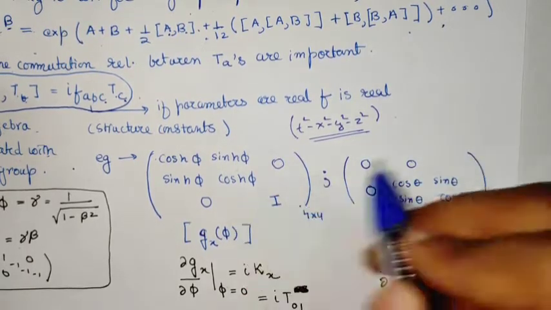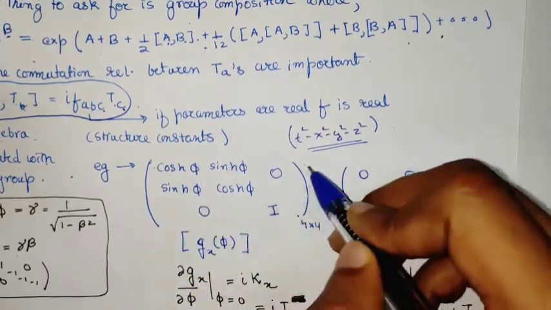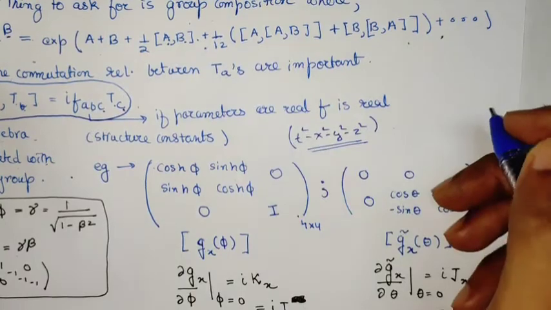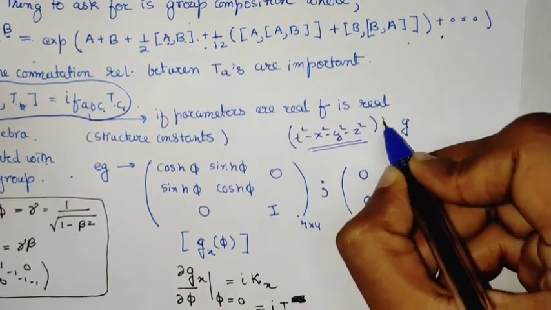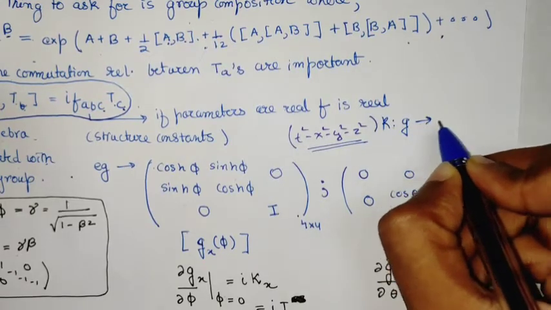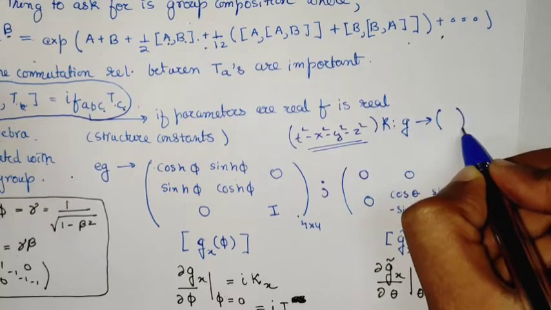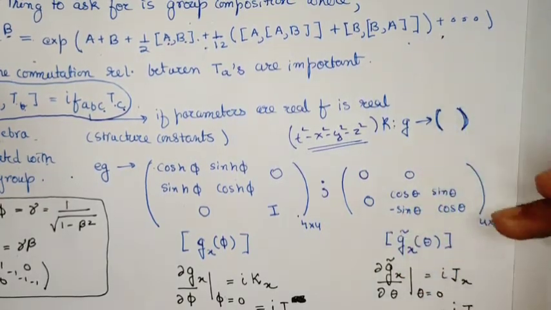Why does this matrix represent the boost? Because this is what we call a representation of the Lorentz group. This is one of the representations. In general, given a group element, a representation is a map that takes the group element into some linear operator that can be defined on a different vector space.